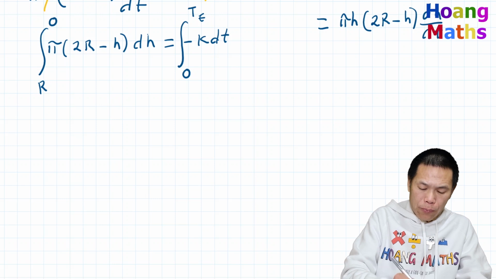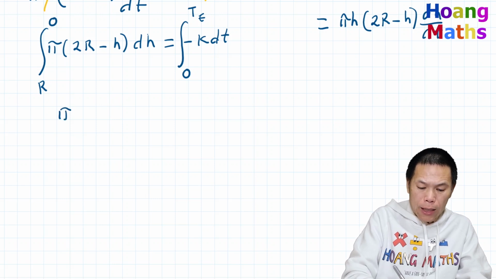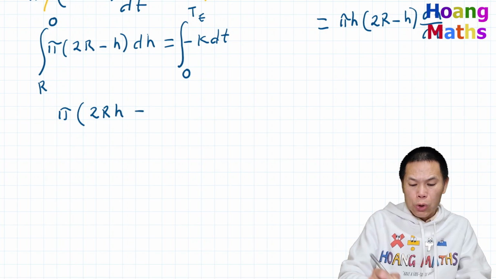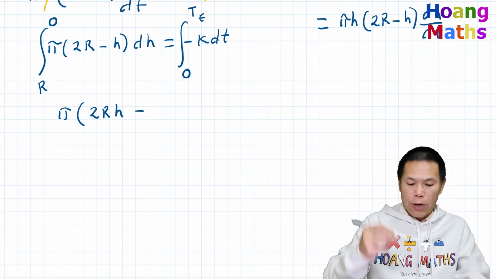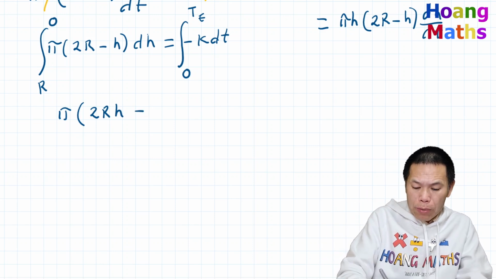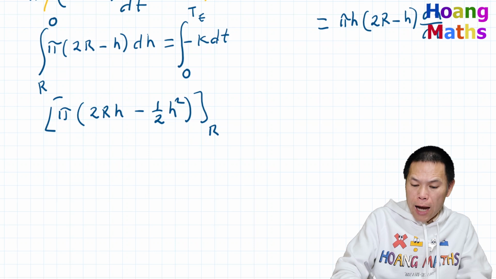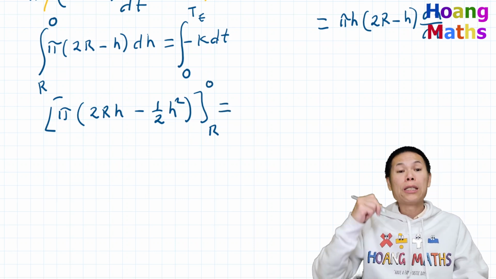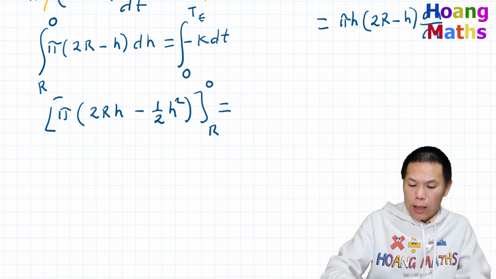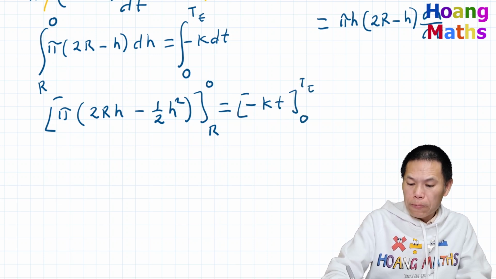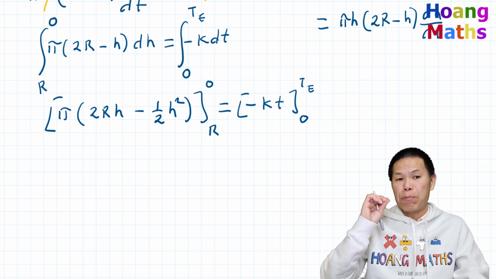Integrating the left-hand side, we get pi times 2r times h, because h is the variable, minus integrate h, which becomes a half of h squared, from r to 0. Integrating negative k with respect to t gives me negative kt, from 0 to TE. Now we just evaluate both sides.